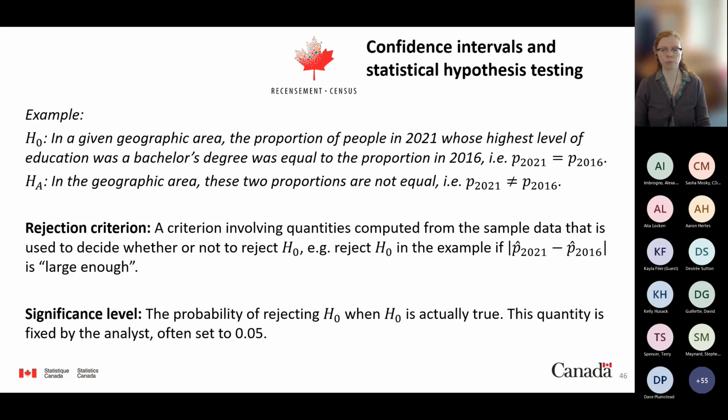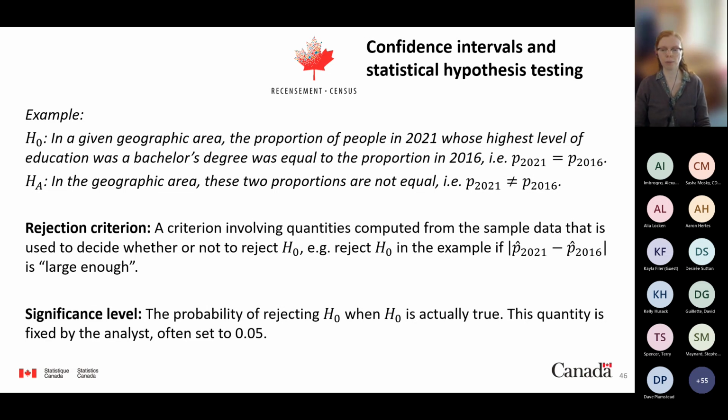If we denote the proportion for 2021 by P 2021 and the proportion for 2016 by P 2016, we can write this hypothesis as P 2021 equals P 2016. And then the alternative hypothesis is that in the geographic area, these two proportions aren't equal. In other words, P 2021 is not equal to P 2016.